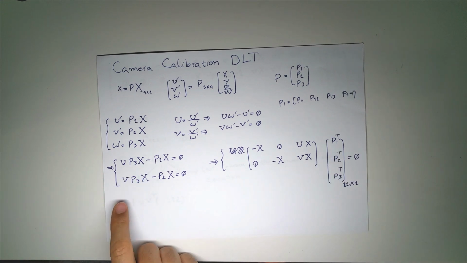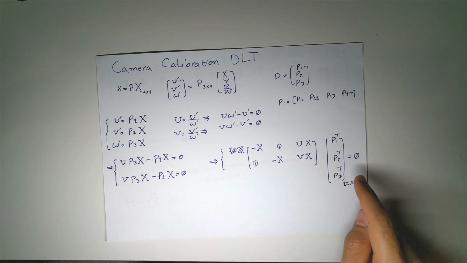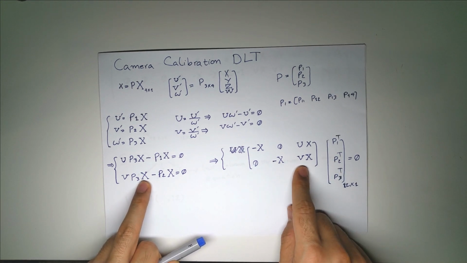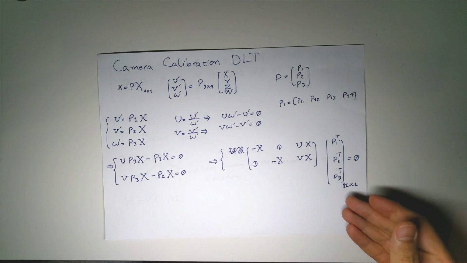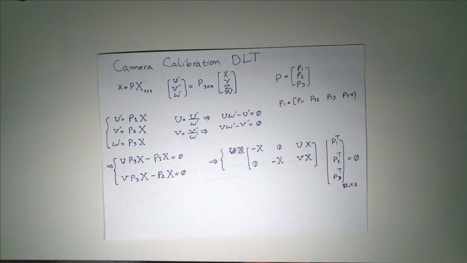And also the same for V, with P3, P2, the coefficients are X and V, X. I will get such a matrix. So 12 by 1, and here I have 2 rows. For every point, I will get 2 equations.